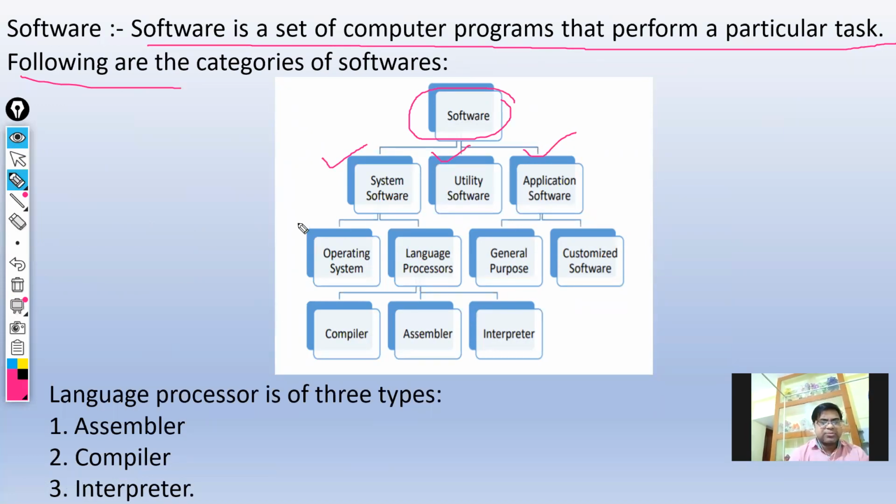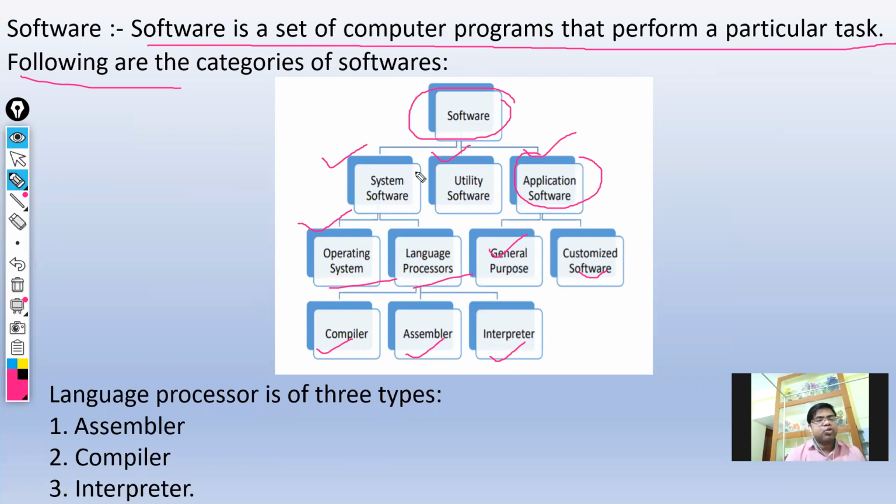System software is divided into operating system and language processor, and language processor is divided into three parts: compiler, interpreter, and assembler. In the same way, application software is divided into two parts: general purpose and customized software.